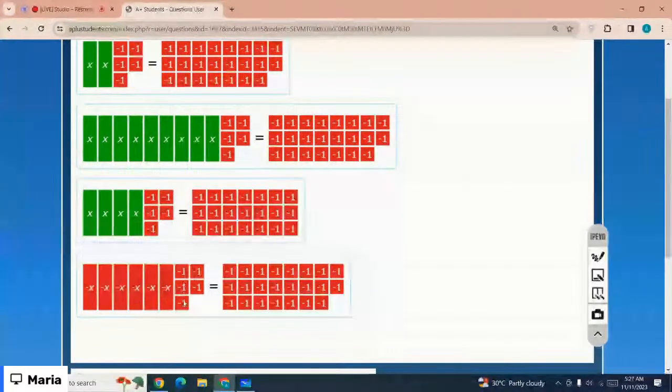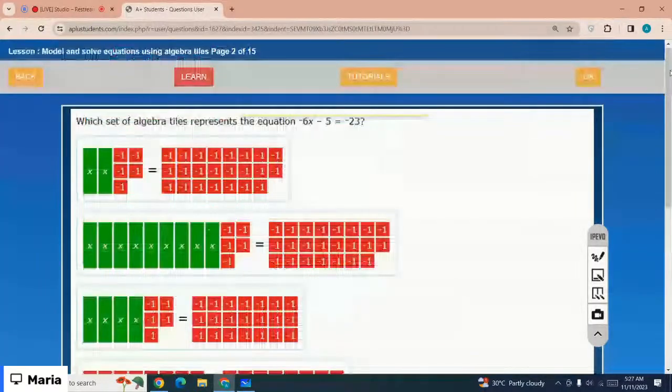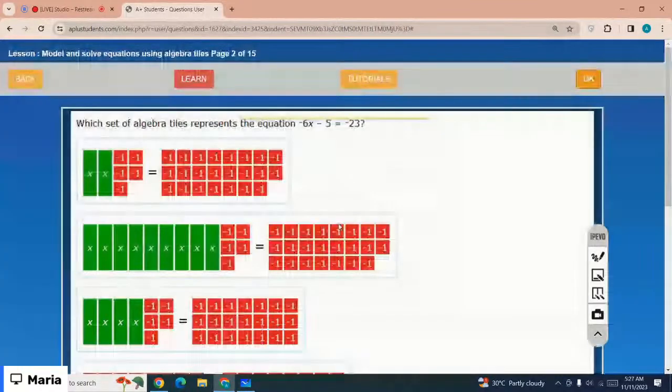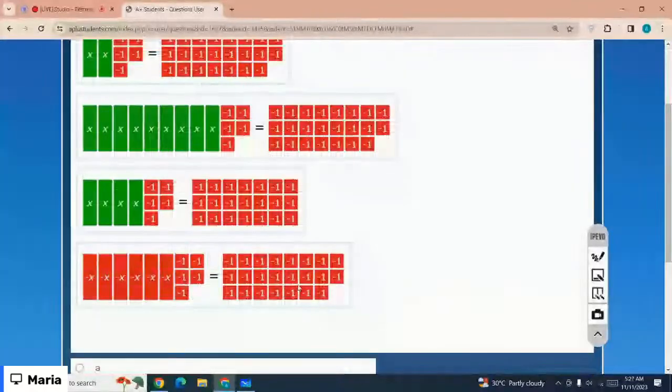Then you have 1, 2, 3, 4, 5 negative 1s, and then you count this one. This is negative 23. So that equals negative 6x minus 5 equals negative 23. Got it? So option B is the correct option.